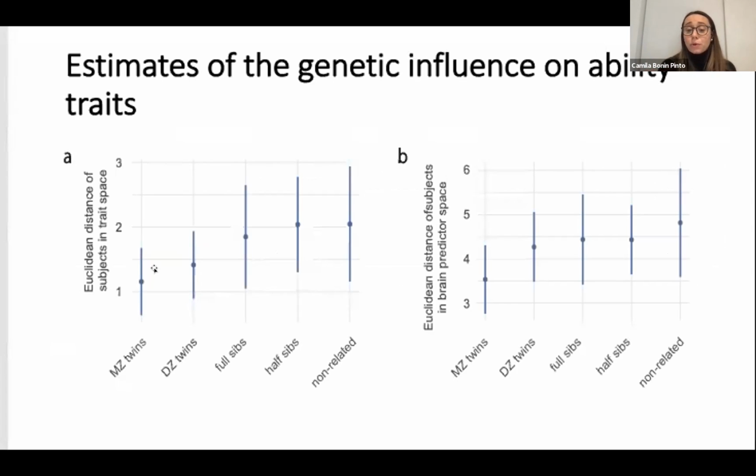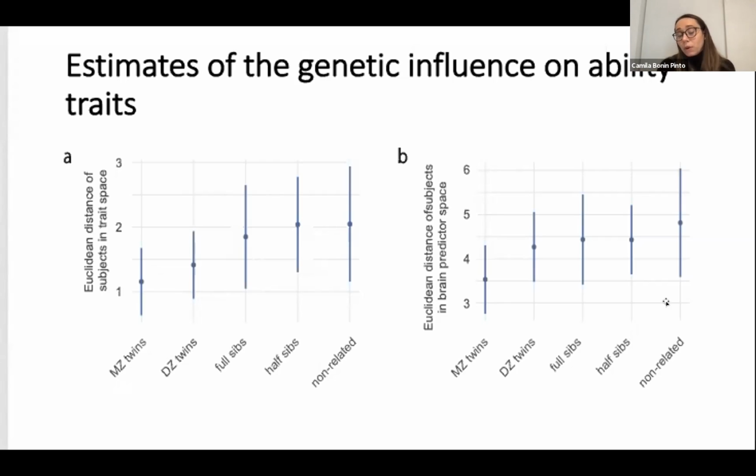And lastly, we also went to the factor space and measured the distance between a pair of subjects in this space. When we measure the distance of monozygotic twins, they are closer to each other in the trait space, meaning they perform much more similarly to each other than when we compare with dizygotic twins, full siblings, or non-related family members or non-family members, showing again that there is a contribution of genetics to the variance in these traits.